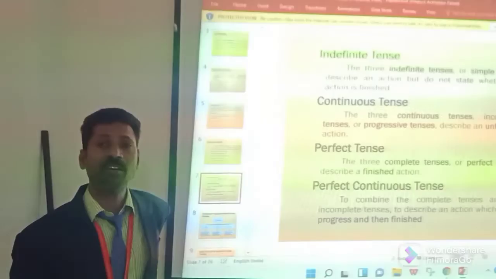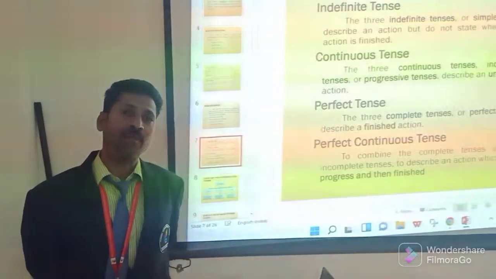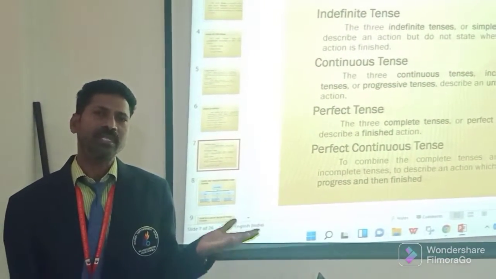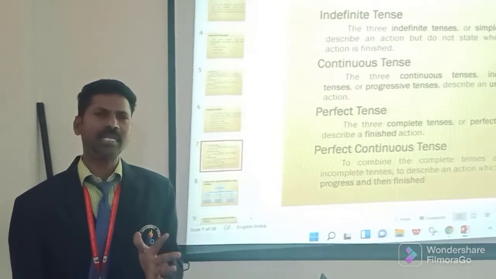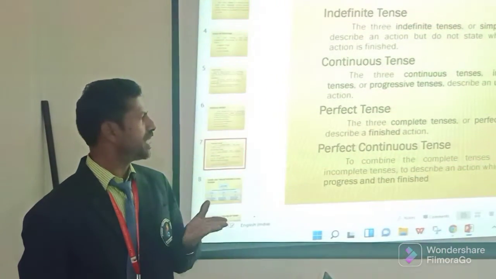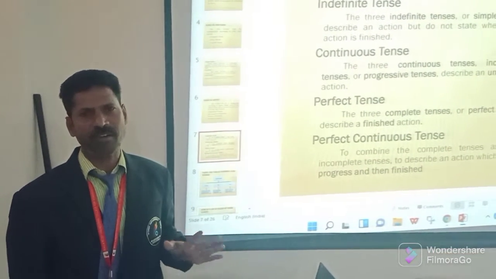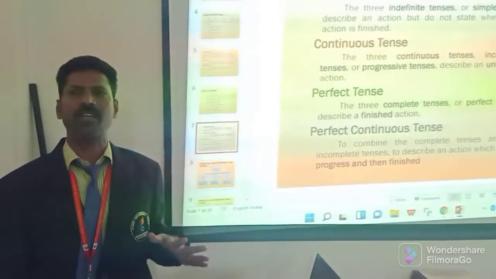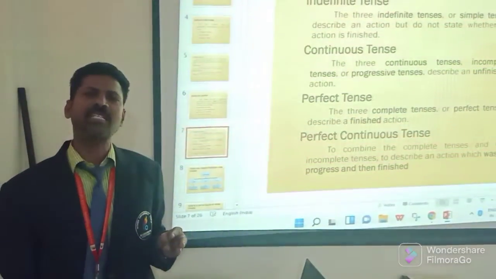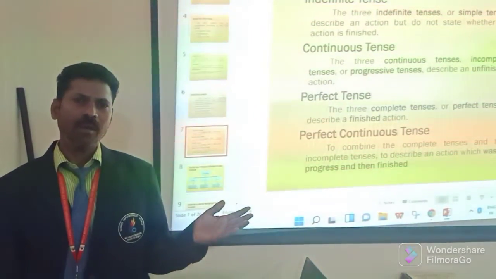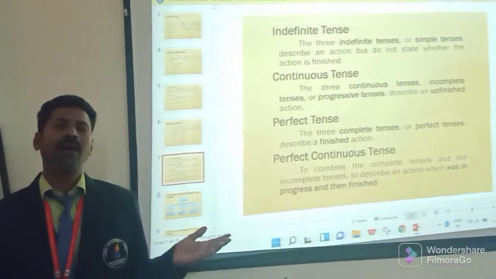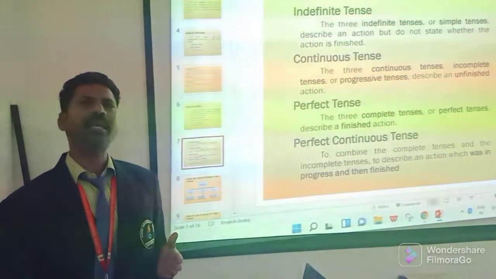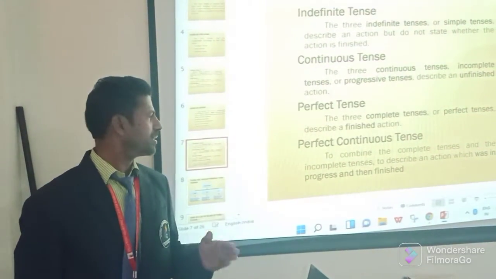In the perfect tense, the action started in the past and has just now been completed, as in the present perfect tense. In the perfect continuous tense, the action started a while ago in the past and is still going on at the time of speaking, which is said in the present perfect continuous tense.